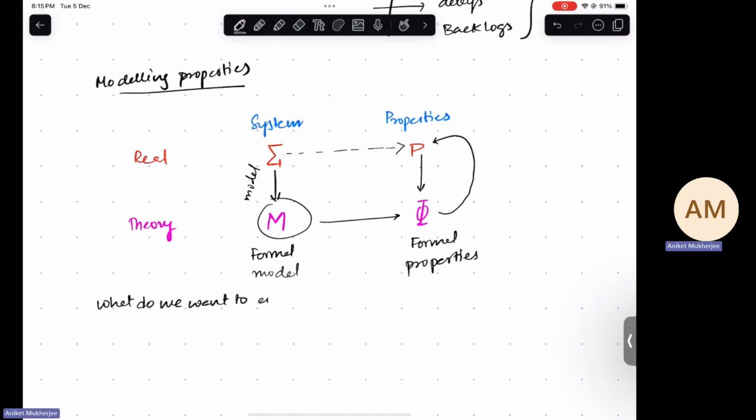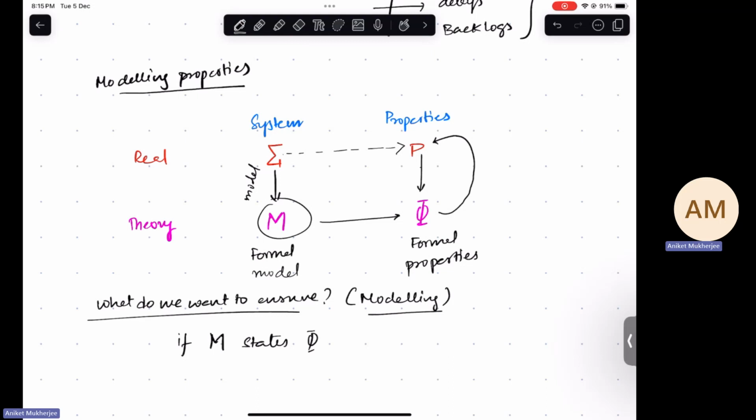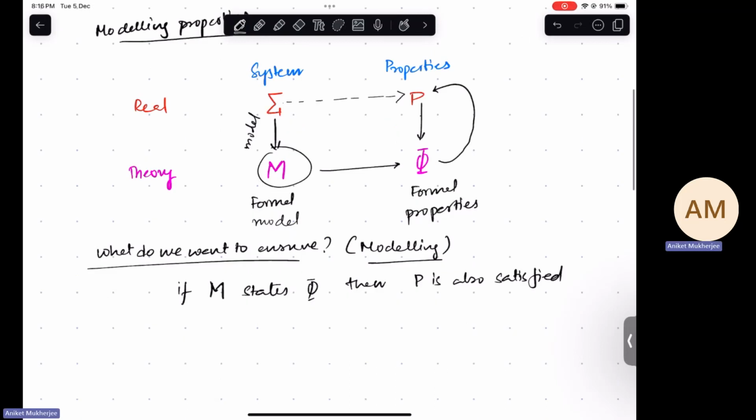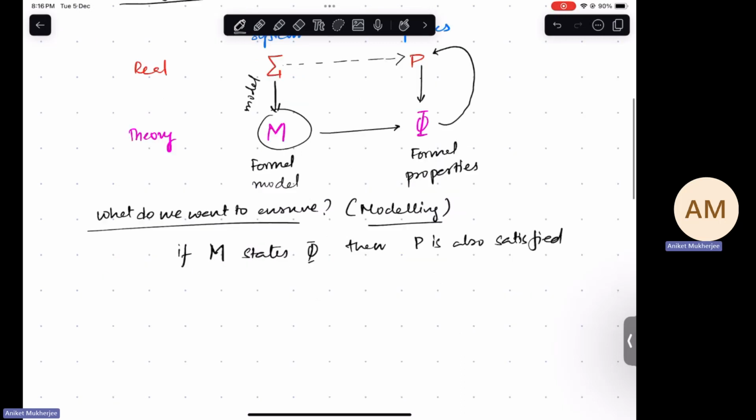That is the basic question, and it is based on the modeling part. We want to ensure that if the model states that phi is satisfied, then P is also satisfied in the real system. This is how we want to develop the theory of modeling a real life system.